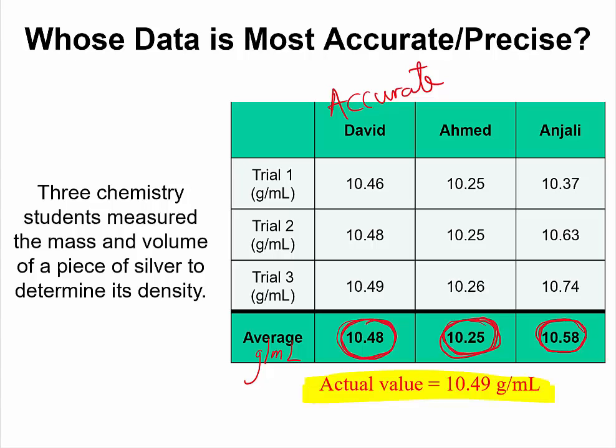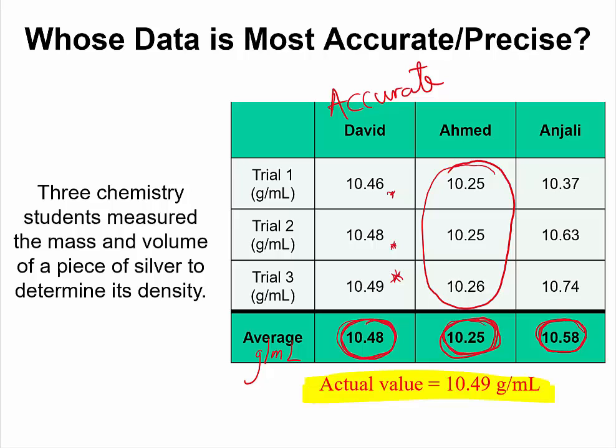But are they precise? Let us examine all the data. You will see that Ahmed's values are very much in agreement with one another, while David's values are not completely in agreement.